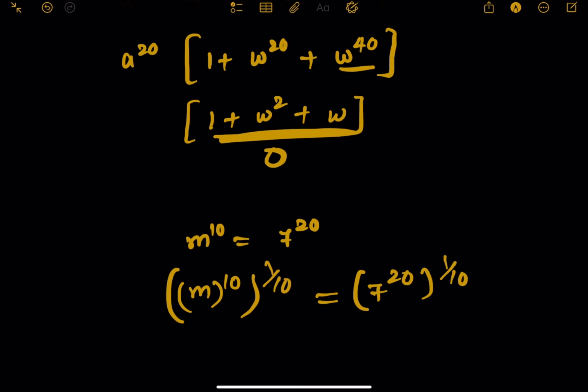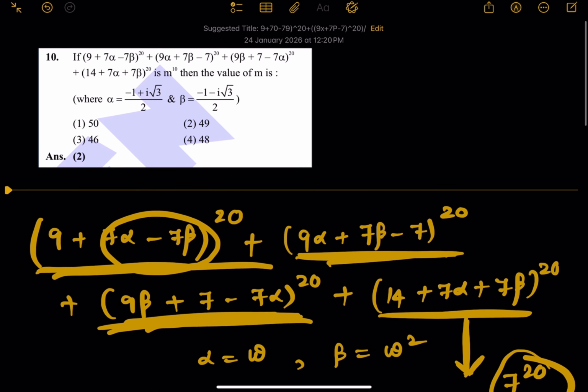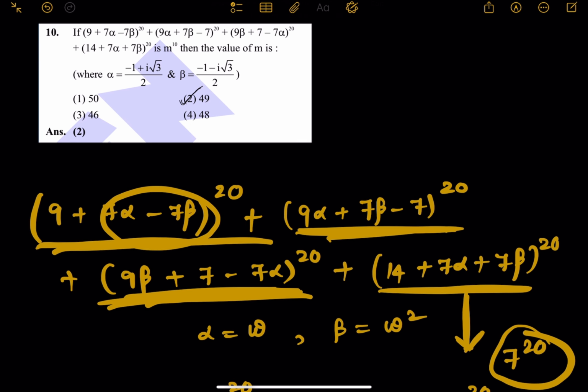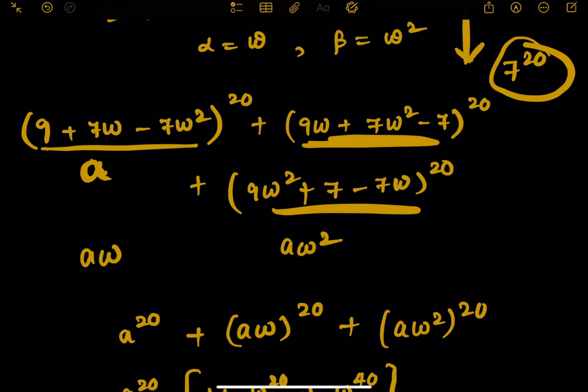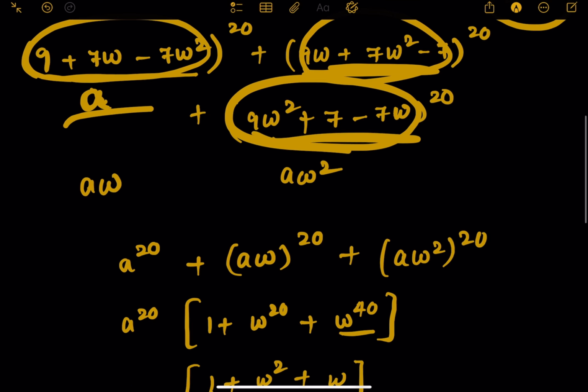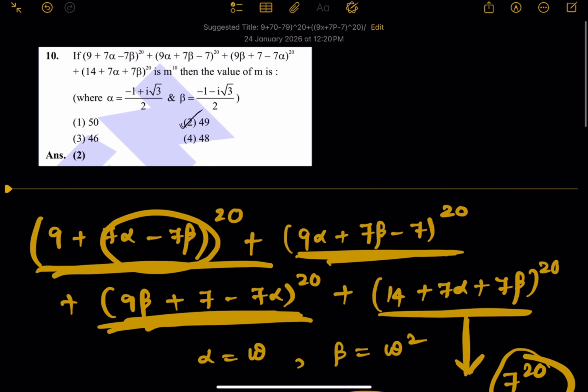You'll get m equals 7², which is 49. And that is your answer. This question is all about making the observation that these three terms are similar, and one is A, the other is Aω, and the other is Aω². All right. So now let us proceed to the next question.